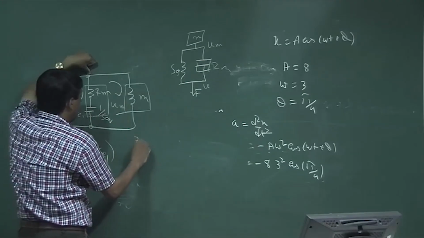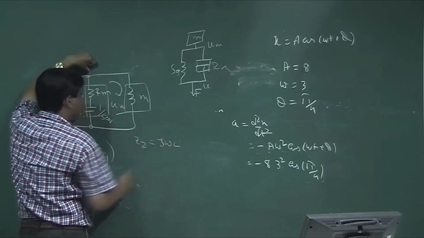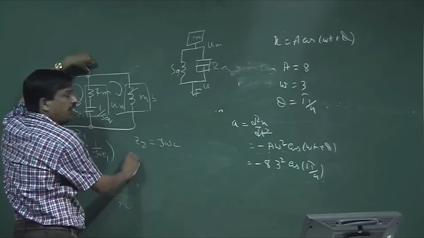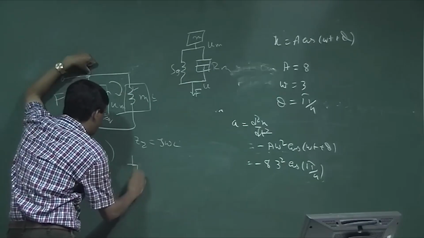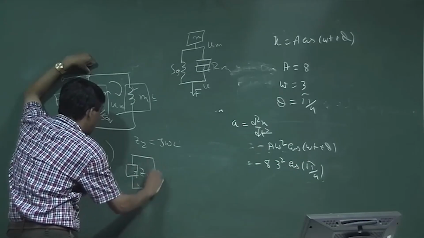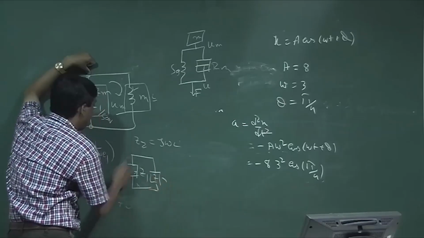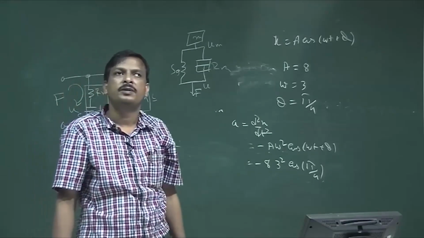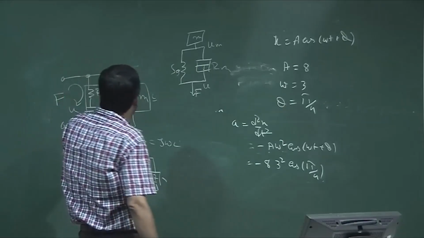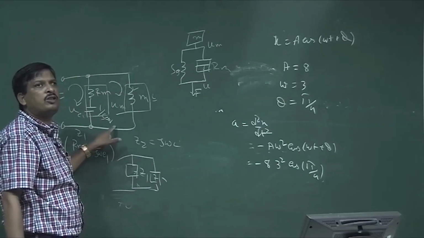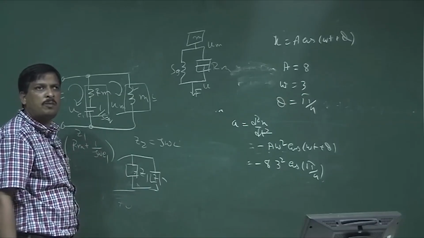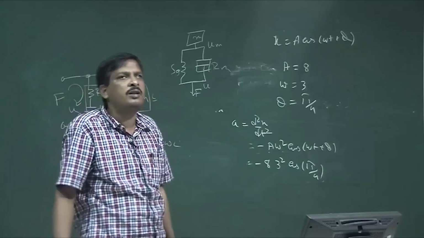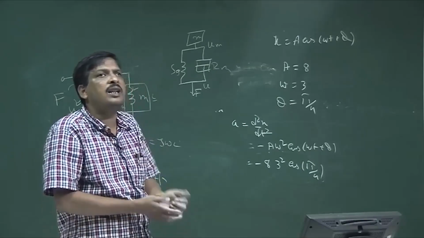Then Z2 is nothing but j omega L. Then Z1 and Z2 are in parallel, so I can find the equivalent impedance as for two parallel loads. Then I can find the resonance frequency of these circuits, either 1 by root over LC or root over S equivalent divided by mass. Okay. So, this way I can solve the problem.